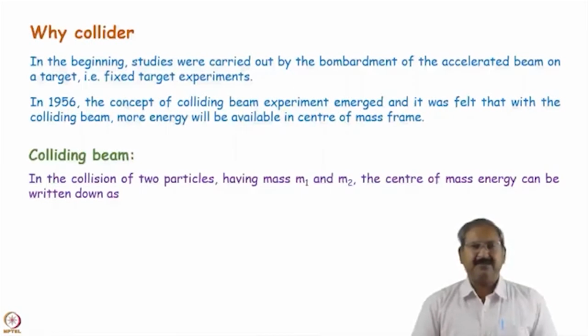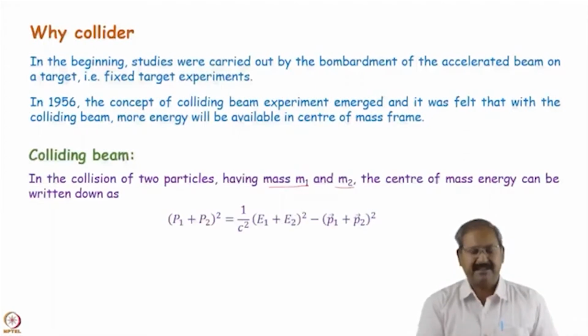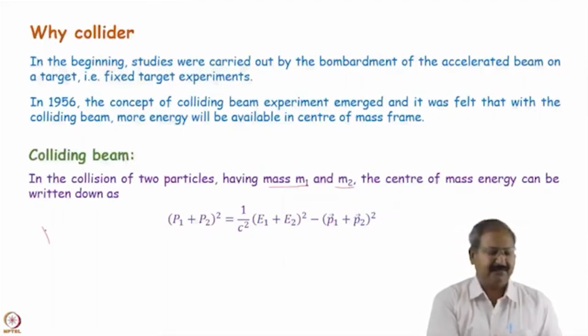Now, what is the use of a collider? Instead of a fixed target, what benefit do we get out of the colliding beam? Suppose in the collision of two particles we have masses m1 and m2, and the center of mass energy can be written as E square by c square minus P square.